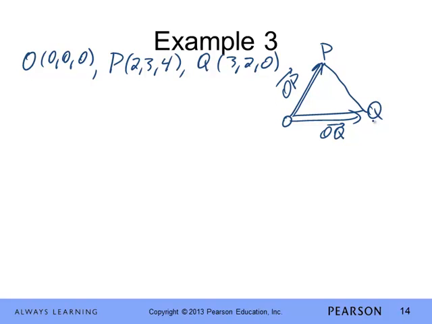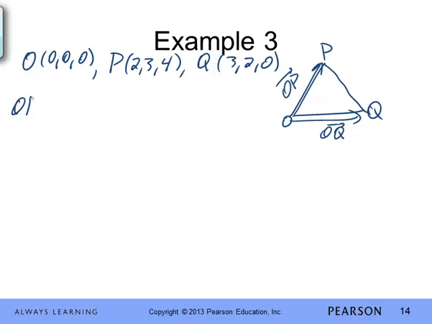You don't have to do OP and OQ. You could do PO and PQ, or QP and QO, or whatever. But just make sure that your two vectors have their tails at the same vertex.